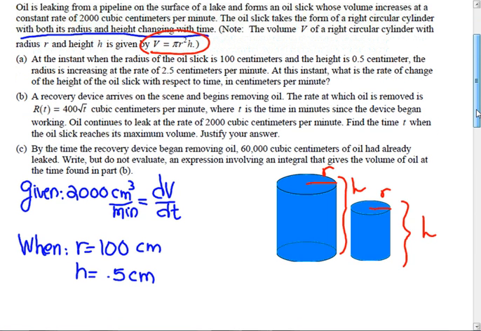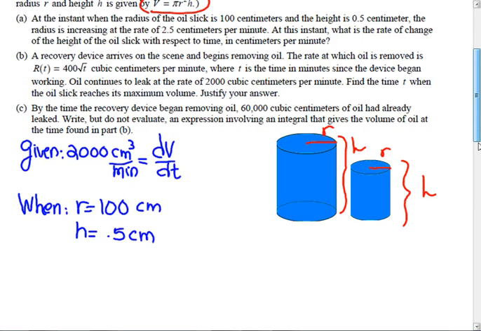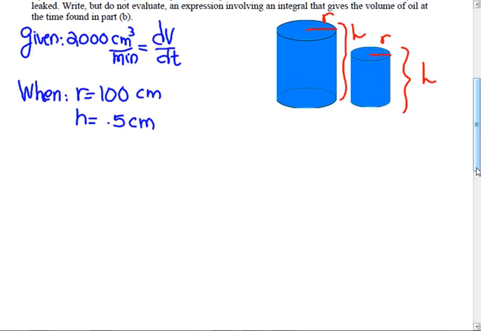What else do we have? At this instant, what is the rate of change of the height of the oil slick? So what do I want to find? dH/dt. You will be surprised at the number of points that you get for this problem and where you get the points.